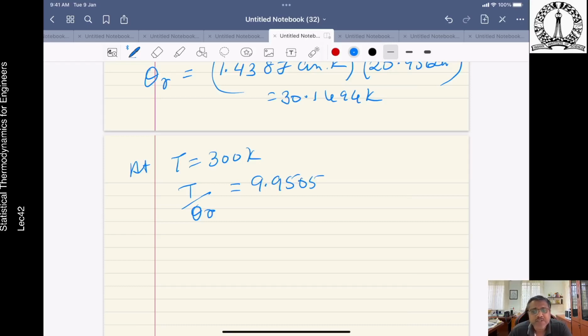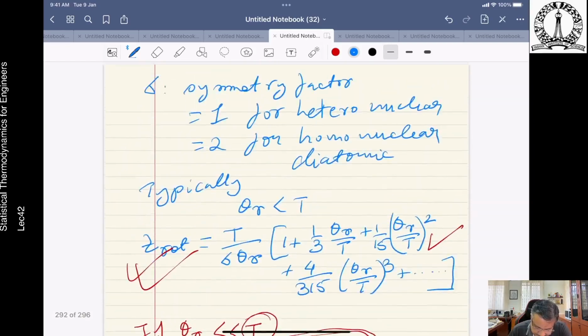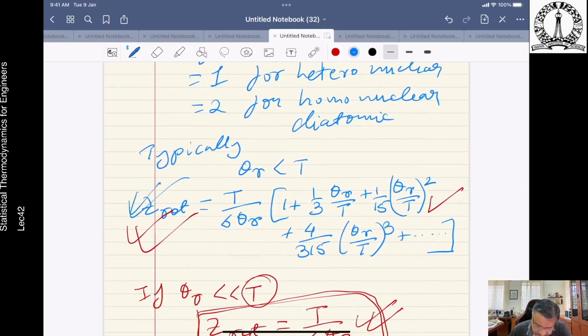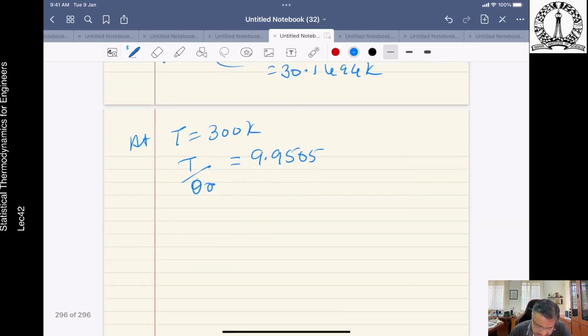Okay, so using that, the rotational contribution will be equal to, so the expression will be something like this. You have to use this because it is less than 10.